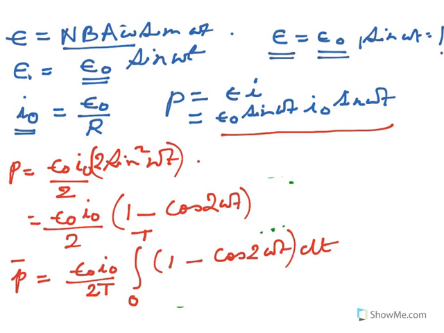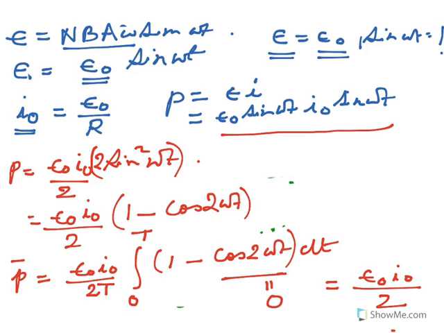The second term on integration becomes equal to 0 and we get a T, which cancels out with the T in the denominator, and we are left with E0 I0 by 2.